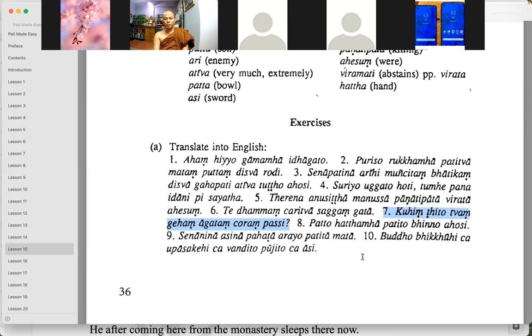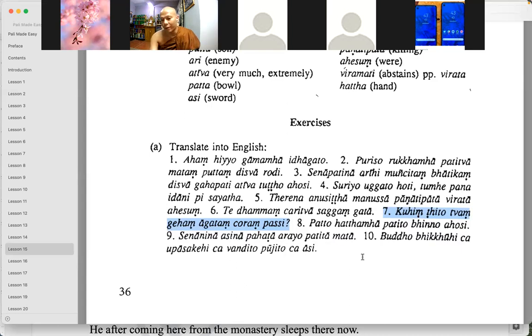Āgataṃ is a past participle of āgacchati, coming. Coraṃ is accusative singular, a thief or robber. Passasi is simple present, singular, see. So I translate into English as follows: Where did you stand and see the thief coming to the house? Okay, great.